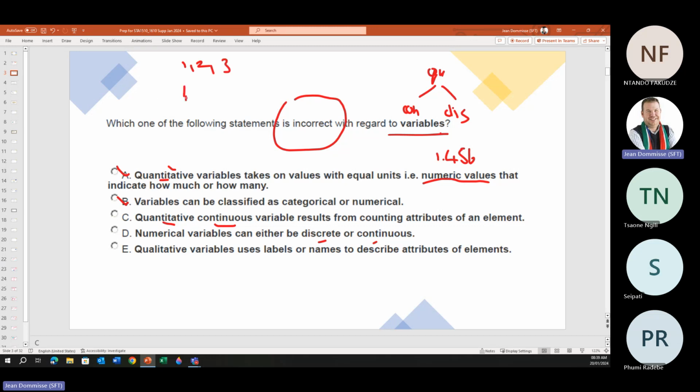Counting attributes is discrete, but when it is continuous, you can't. So the incorrect one is option 3.